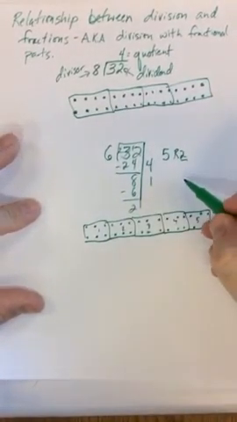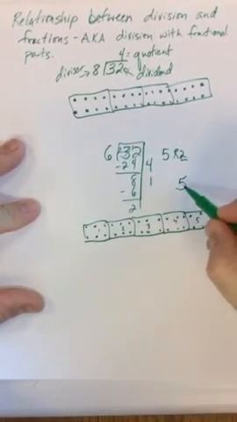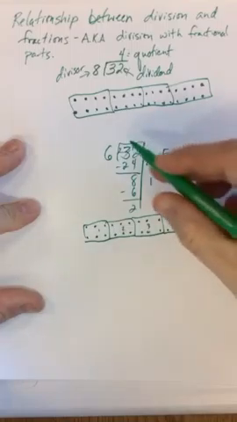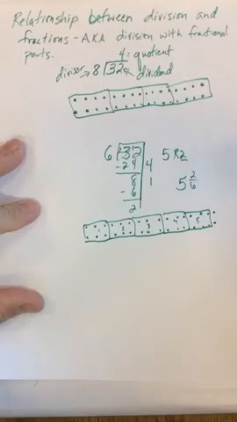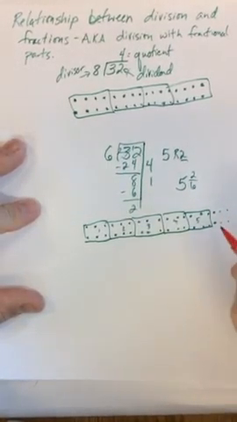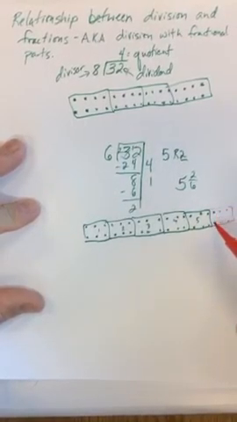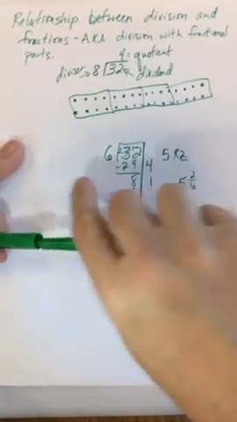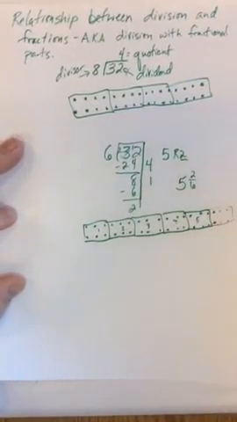So in using this to show the relationship between that and a fraction, instead of saying remainder 2, I would say it is 2/6, because it's 2 out of what there would have been, to make this equivalent, 6 more of these, but I only had 2. So when you're going from division to fractions, it's simply a different way to report the remainder.